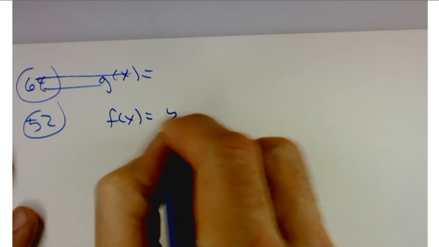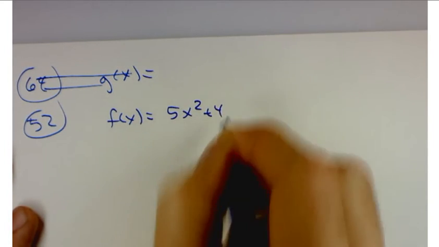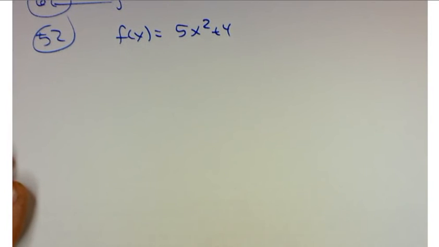F of x is 5x squared plus 4. Is there any place where the denominator could be 0, or any place where you could have a negative underneath a radical in this function? No. So your domain is everything. It's always defined.